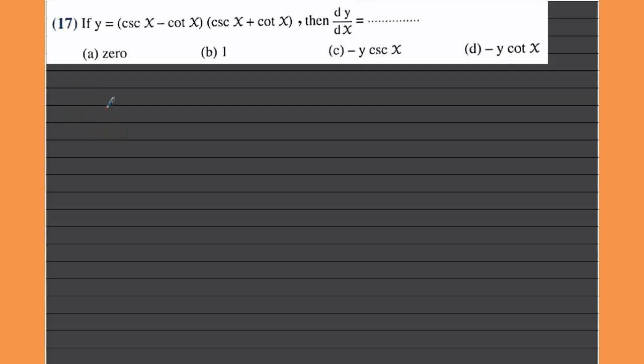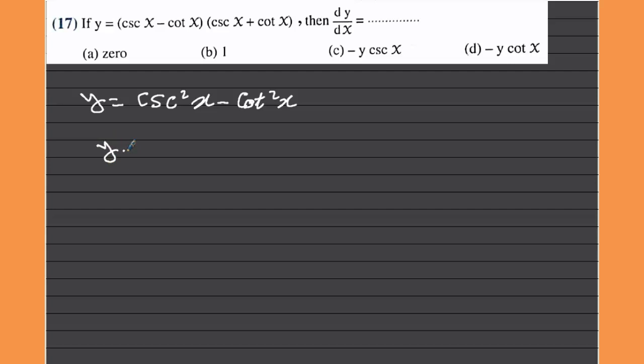Question number 17. If y equals sec x minus cotan x multiply cosec x plus cotan x, then dy/dx equals, okay, and now we rewrite y equals cosec square x minus cotan square x, and cosec square minus cotan square equals 1.